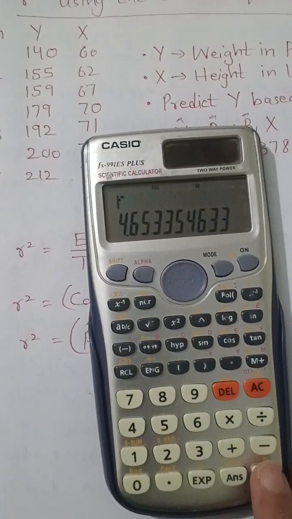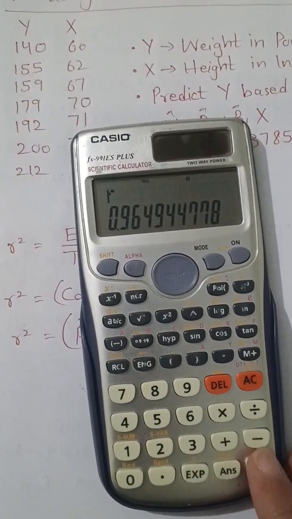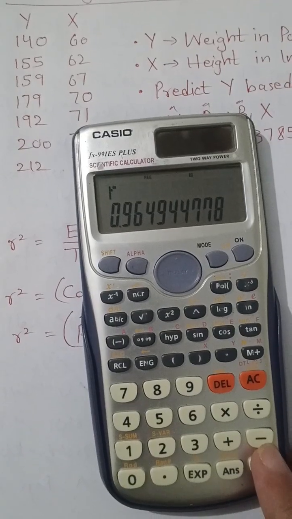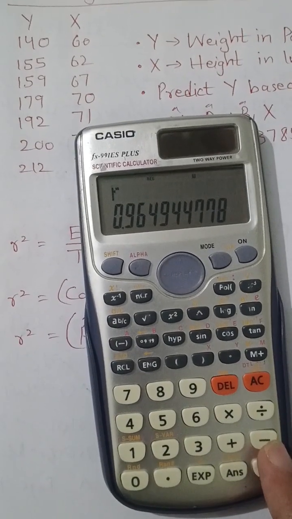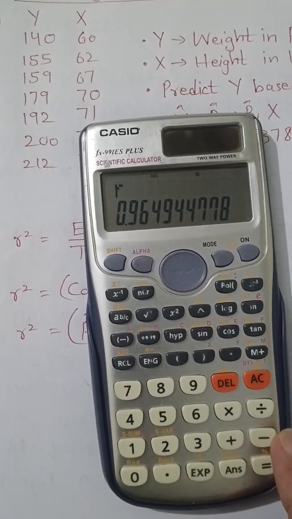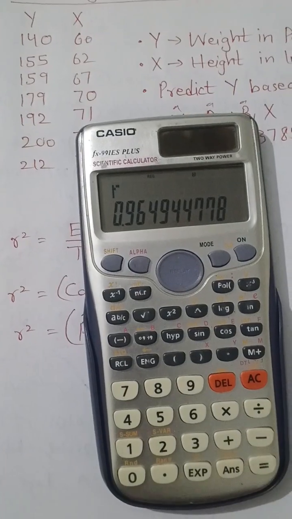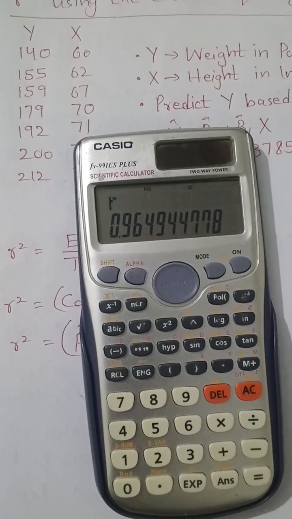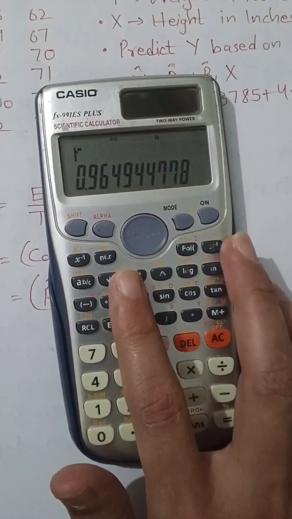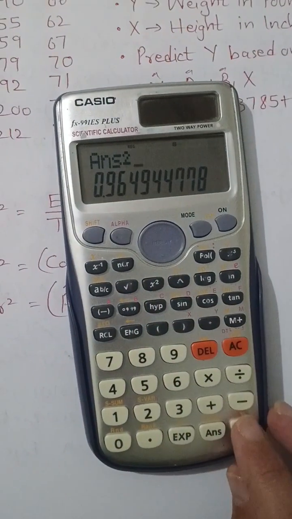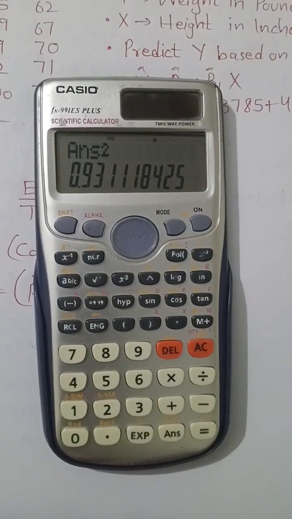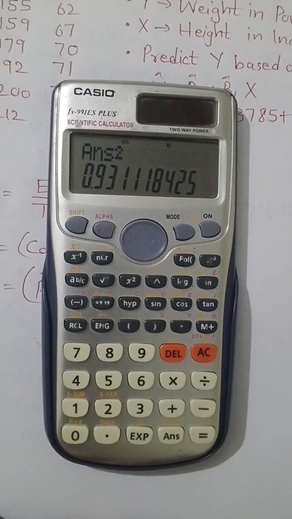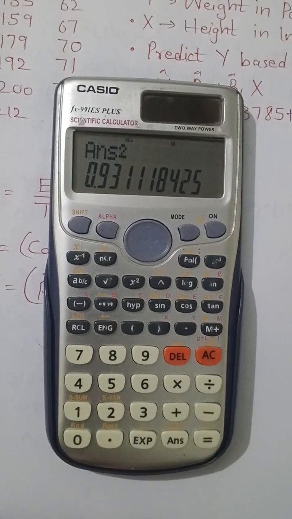If I press equal, we will get the answer of correlation coefficient 0.96, which shows a very strong positive correlation between the height and weight of the people in the sample. If we square this term, we will get 0.9311, which is more meaningful in regression.